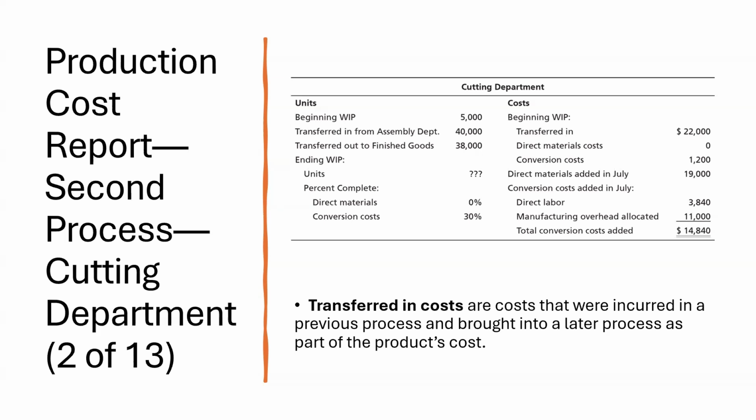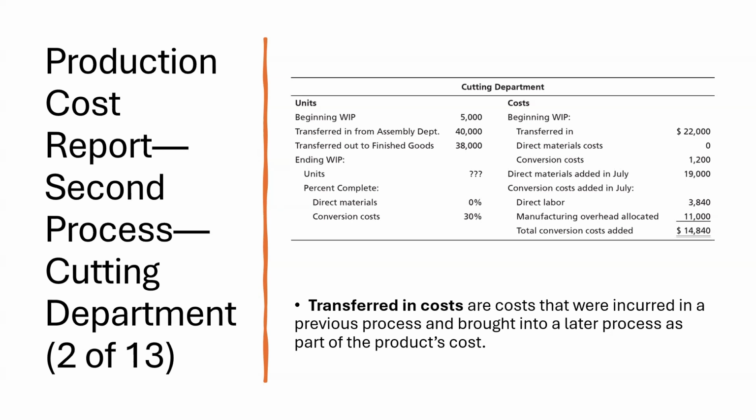Now the data for the cost you see to your right is the beginning work in process. You have transferred in 22,000. Direct material costs, 0. You have conversion costs, 1,200. You have direct materials added in July, 19,000. Conversion costs added in July.